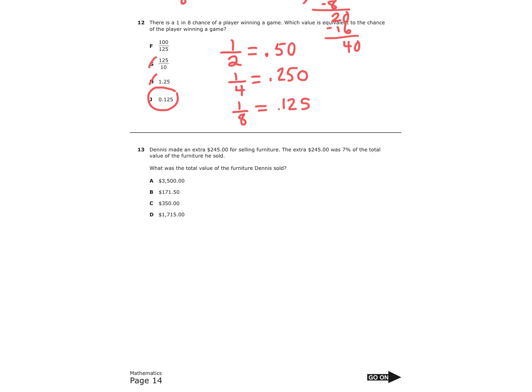Now, these equivalents right here are very common, and you might remember this. 1/2 is 0.5, 0.50, or 0.500. They're the equivalents. 1/4 would be half of 0.5, which is 0.25, and 1/8 would be half of 0.25, or half of 250 is 0.125. And so this was the correct answer.